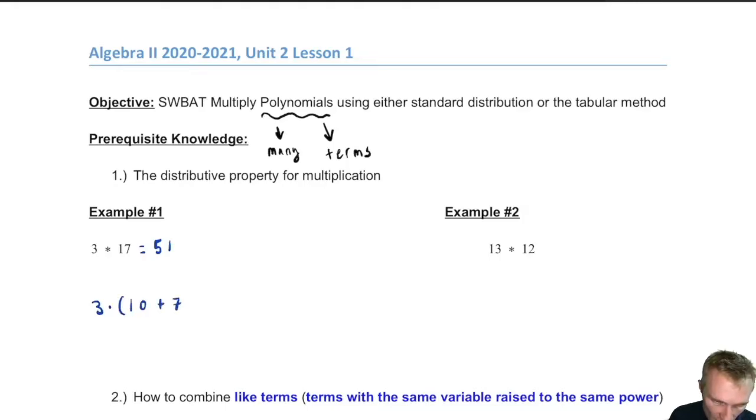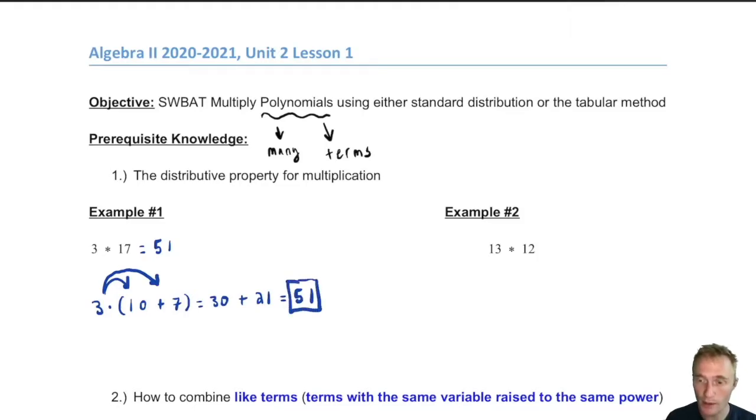You'd break the 17 up into 10 plus 7, and now we distribute the 3. We distribute the 3 to get 3 times 10 is 30, plus 3 times 7 is 21. So we multiply each part separately and then add up the result to get 51.